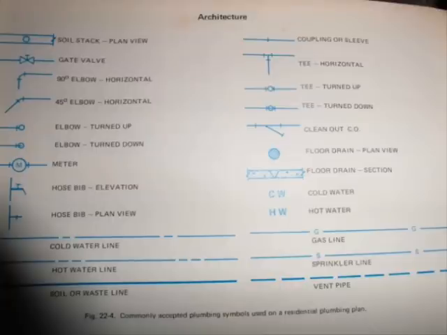Then the symbol CW for the cold water, HW for the hot water, and the line consisting of long, G, long, G, long is for the gas line. The line consisting of S, long, S, long, S, long is for the sprinkler line. And the last one is for the vent pipe.